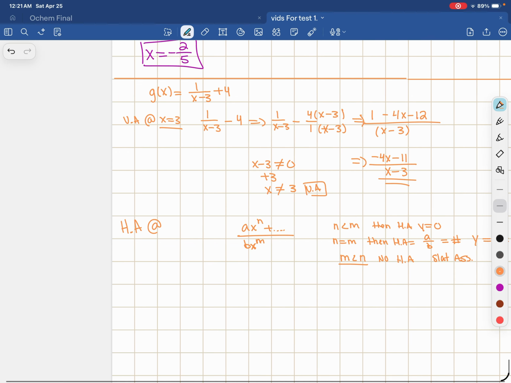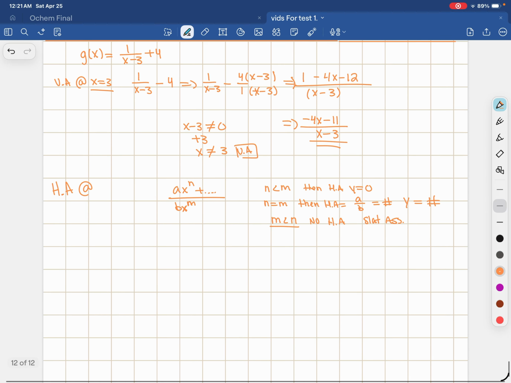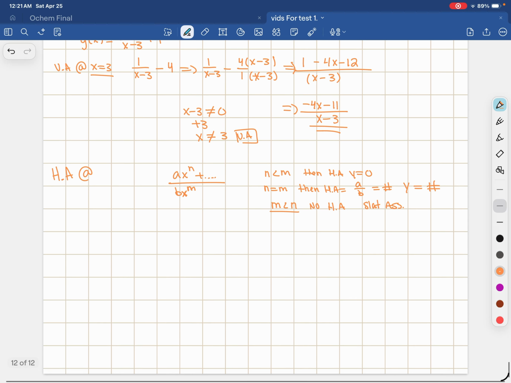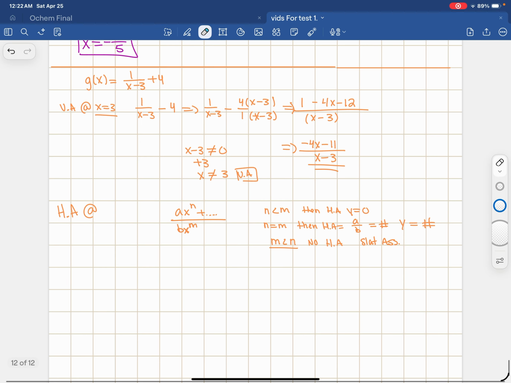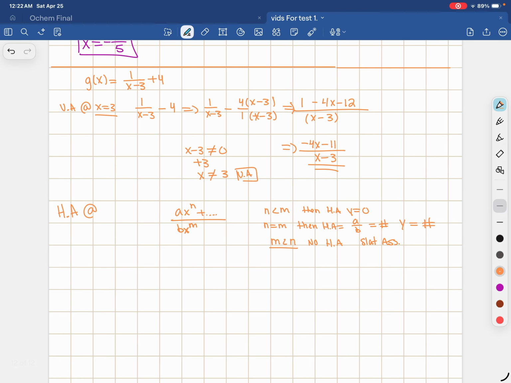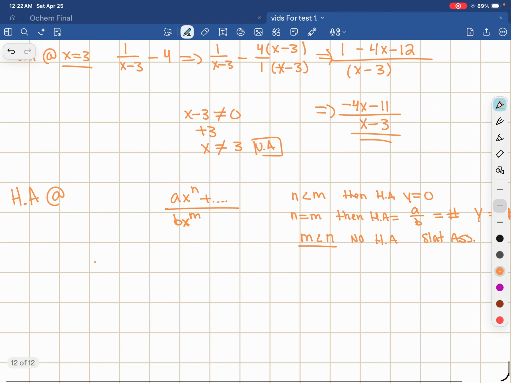So if we are moving on to our actual problem and how this applies, we'll look at our simplified problem over here. We'll look at negative 4x minus 11 over x minus 3.